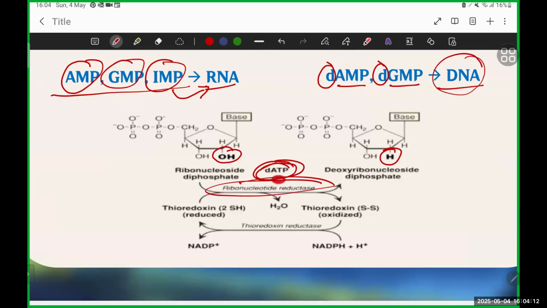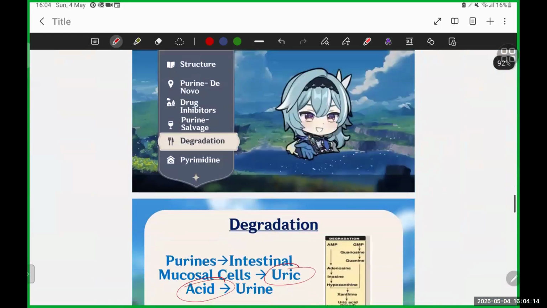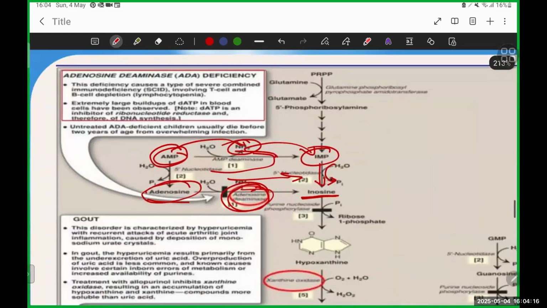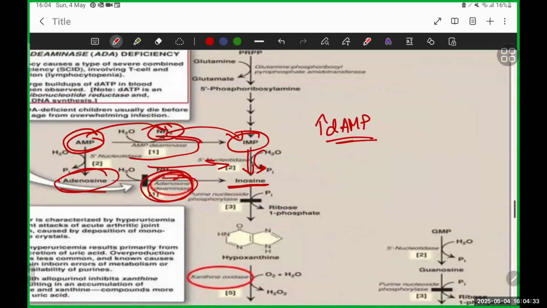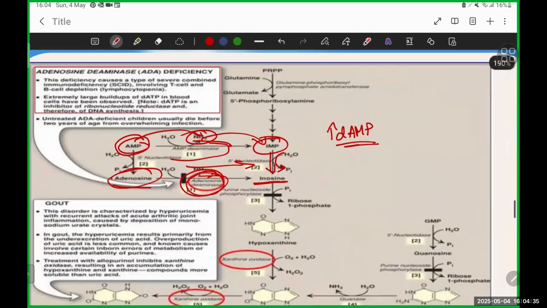So the problem here is that if you're not degrading it, you have a lot of adenosine and eventually dAMP present in your blood, and because of that you're going to stop making more DNA nucleotides, basically stopping DNA synthesis.